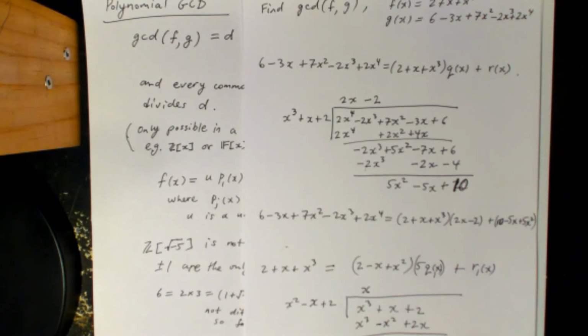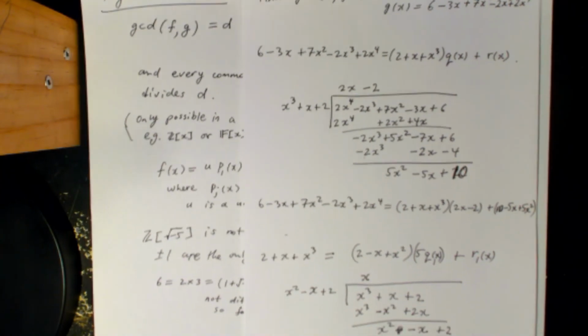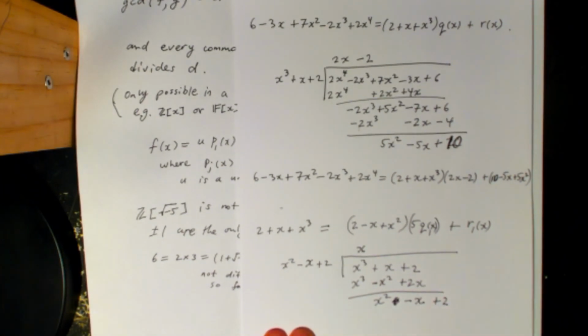Then I take a difference. So now I have x squared plus x minus 2x is minus x. And then I bring down the 2. So I can actually get rid of this one there.